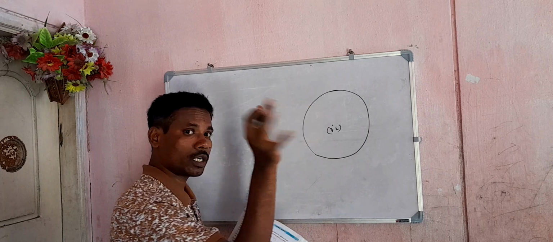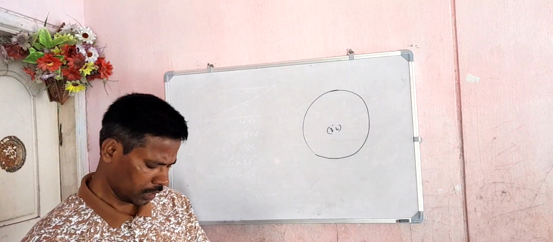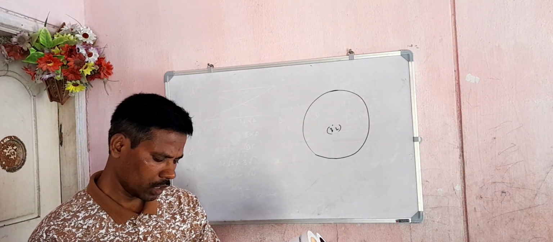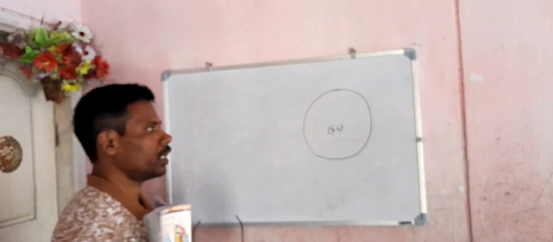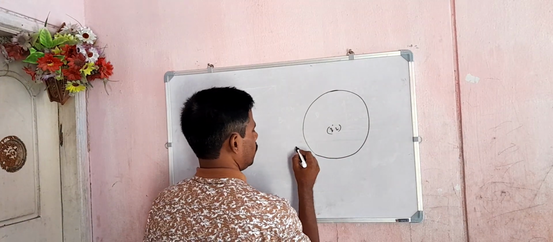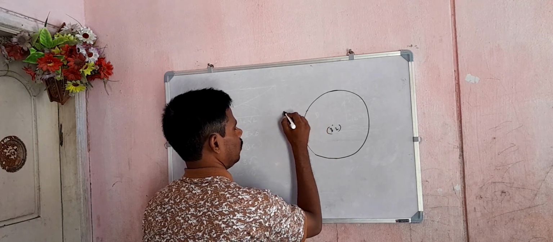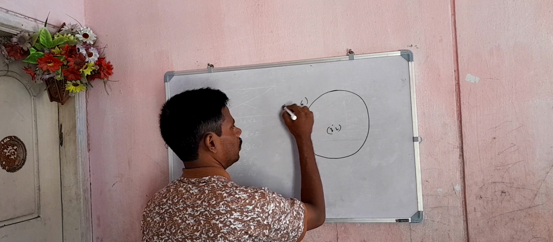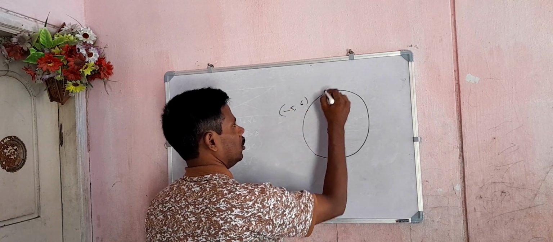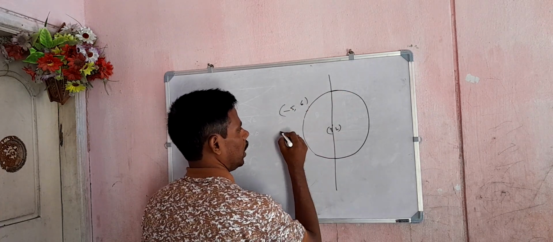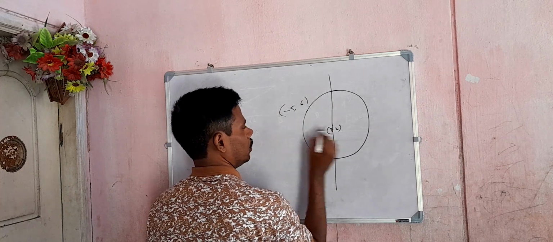This circle you should locate on the graph sheet, imagine like that. And one point, what is that? It passes through the point (-5, 6). Imagine this is the graph sheet, something like that.